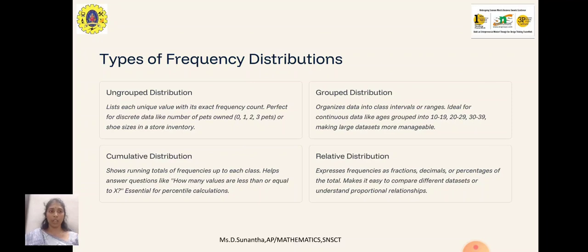The last one is relative frequency, which expresses frequencies as fractions, decimals, or percentages of the total. This makes it easy to compare different data sets or understand proportional relationships.